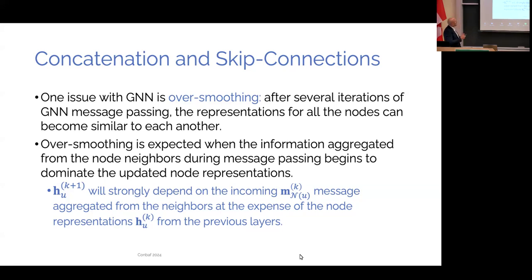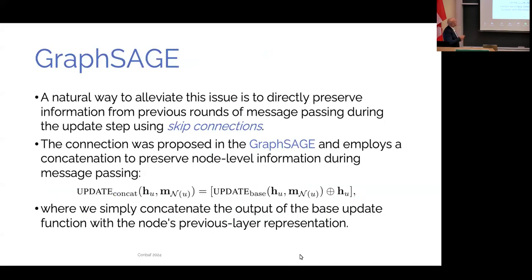To overcome this, there were some other proposals, and in particular there is GraphSage, which uses this concept of skip connection. I think the references are in one of the previous slides. So this is more or less everything that I wanted to say with respect to a single network.